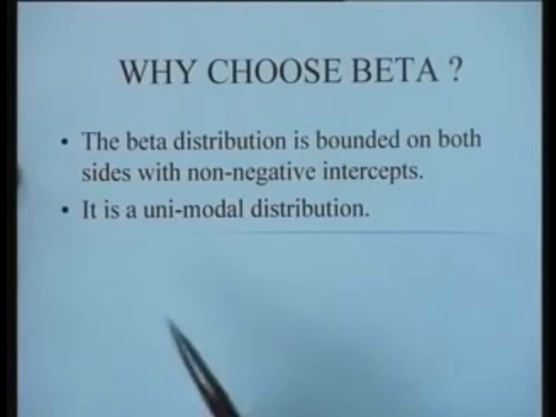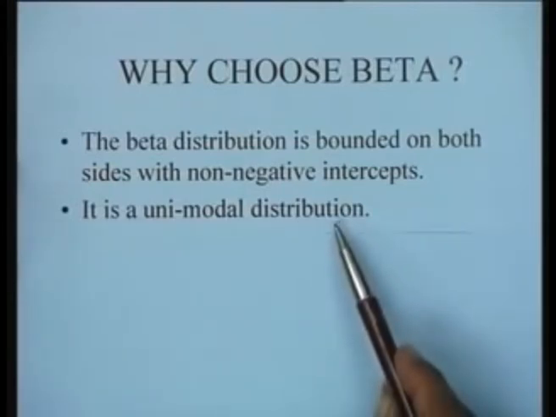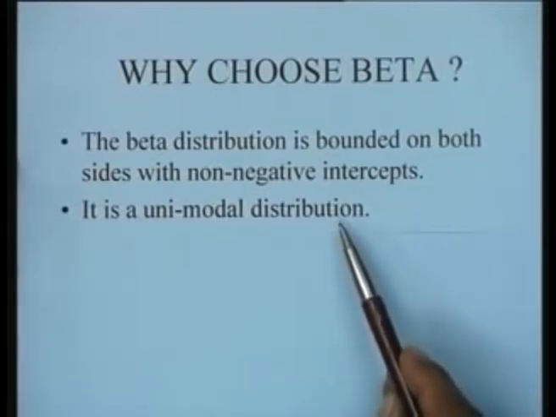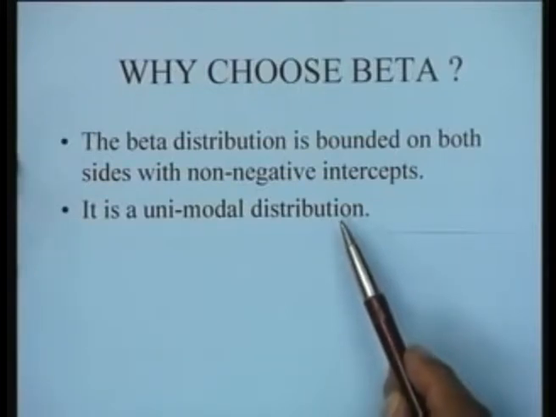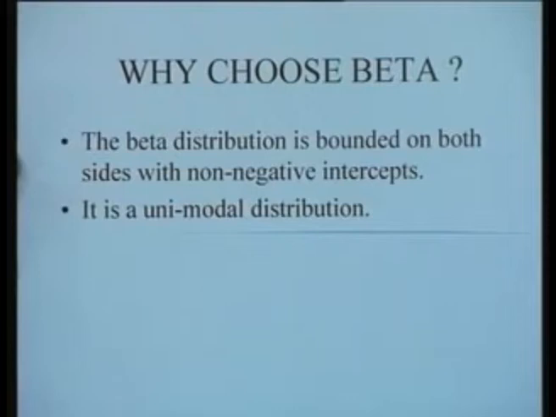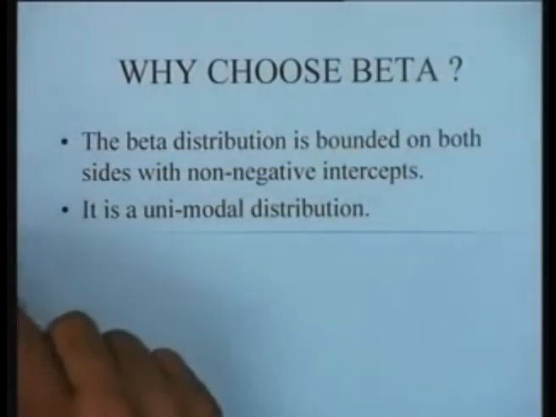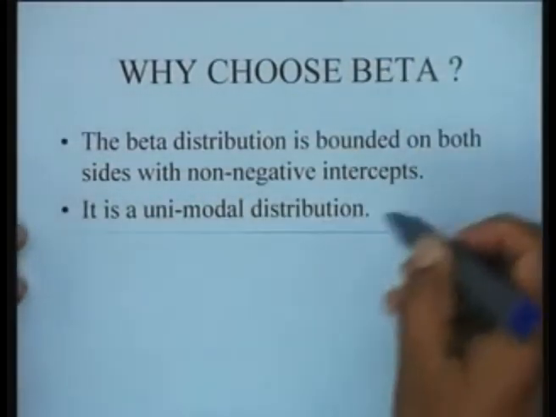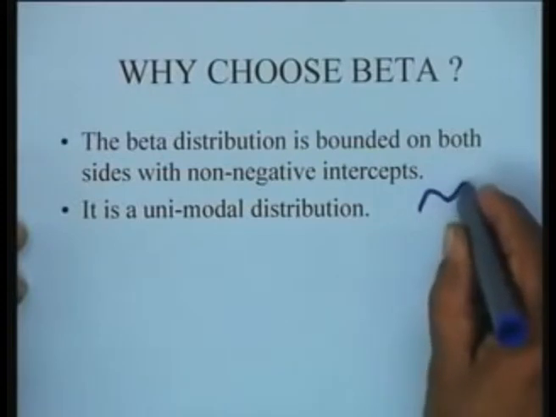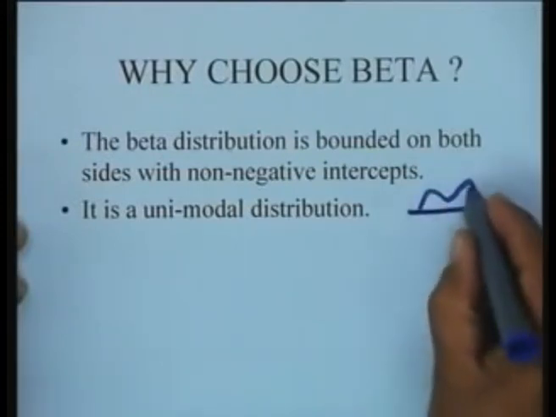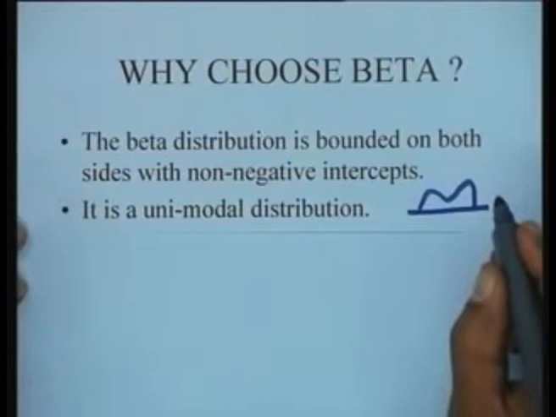The second thing is that it's a unimodal distribution. It's a distribution that has a single mode. It doesn't have multiple modes. What would a multimodal distribution be like? For instance, this is a bimodal distribution, if we had a distribution like this.